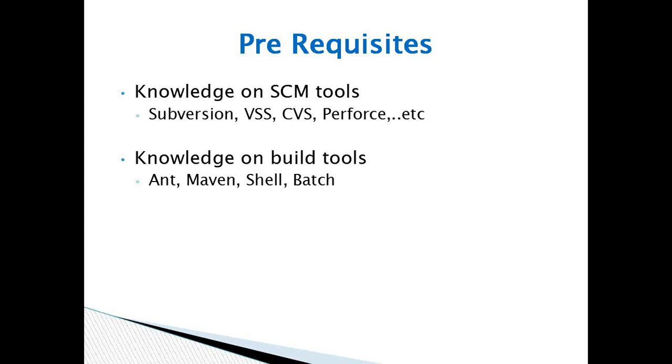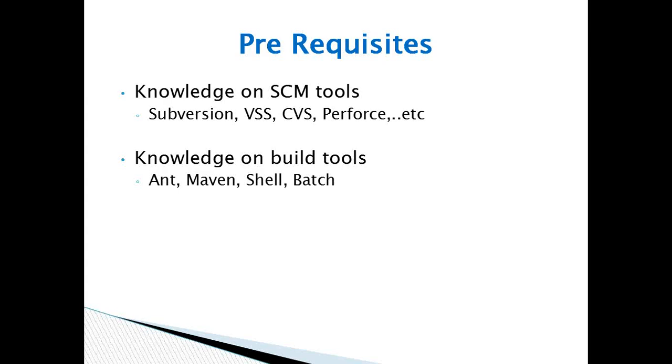So what is a build? We have the source code available from different developers, and we want to integrate all the source code and make a single package that will be delivered to the customers. The process of turning the source code into the deliverable involves a set of steps, and these steps can be automated using build tools.